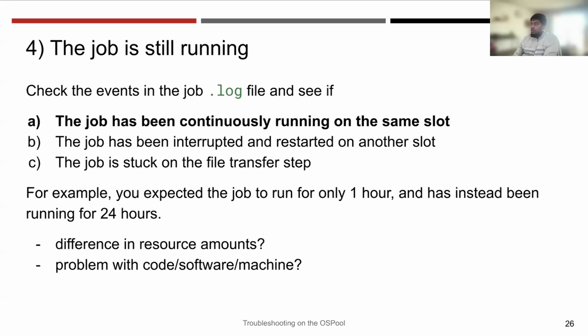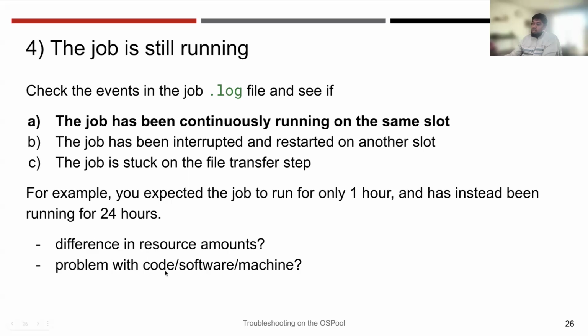So expectation-wise, if you expect your job to finish in an hour, it may take 2 to 3 hours on our system. But if it's a way bigger mismatch, then something else may be going wrong.